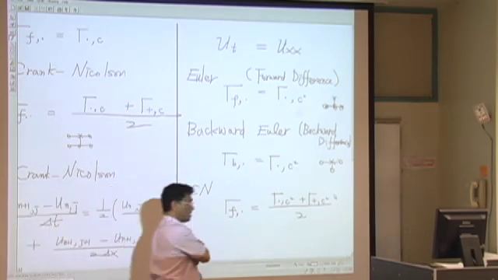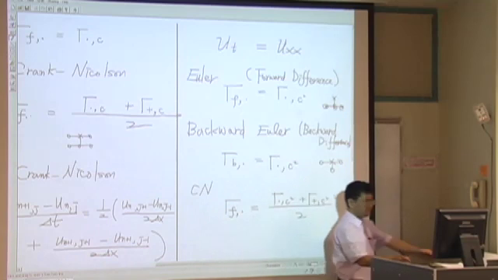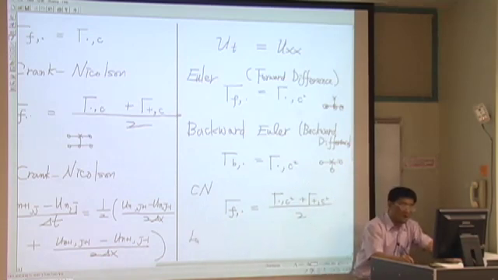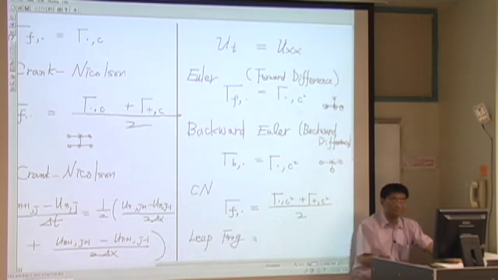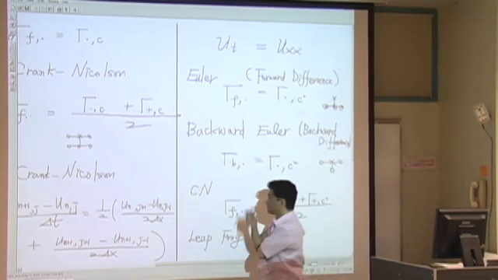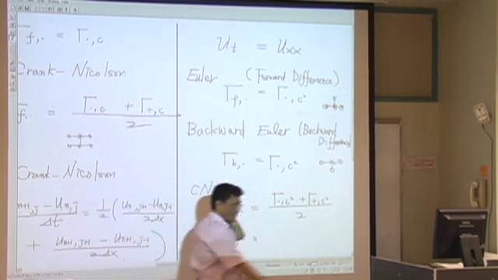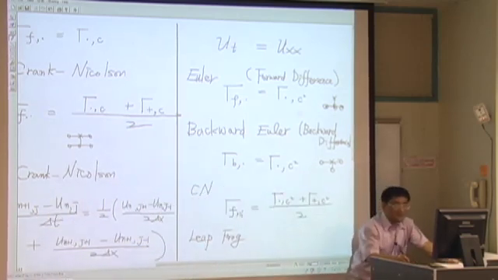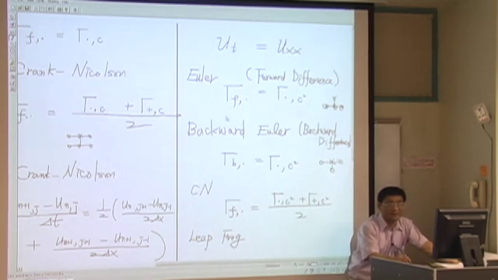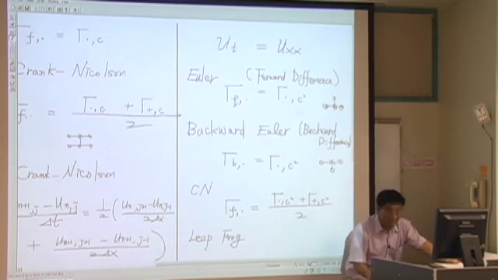Then leapfrog. You might know the answer already, right? Euler, what should we change here? Only one letter should be changed here. This F should be replaced by what? T, right?